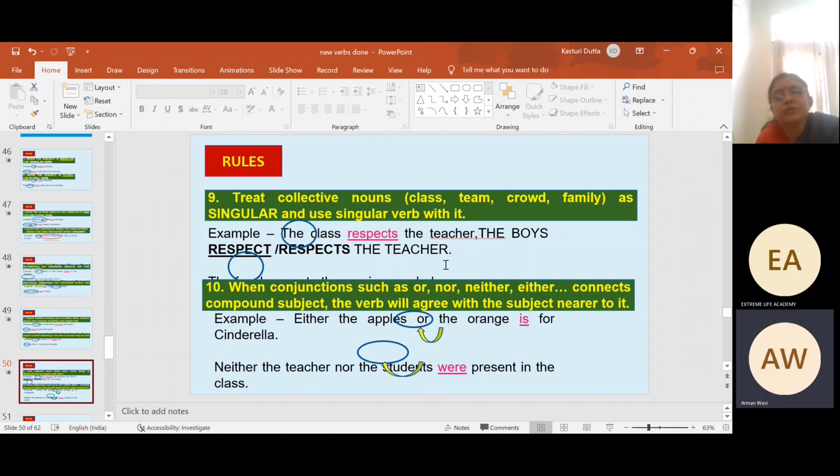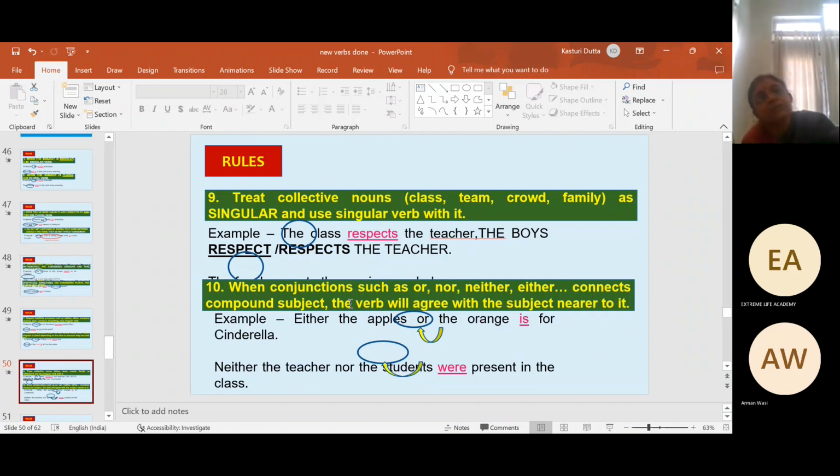Okay, so this is one thing. "Either the apples or the orange." Now, when conjunctions are there, you know the minimum idea of conjunctions: and, or, some joining words. "I and my brother went for a movie." "Either she or her friend will attend the party." Either, or, neither, nor, and: all these are conjunctions.